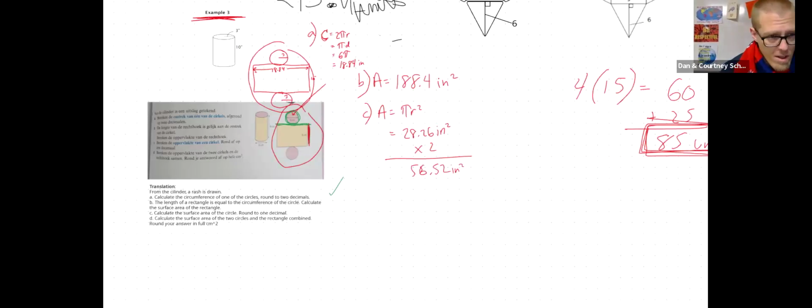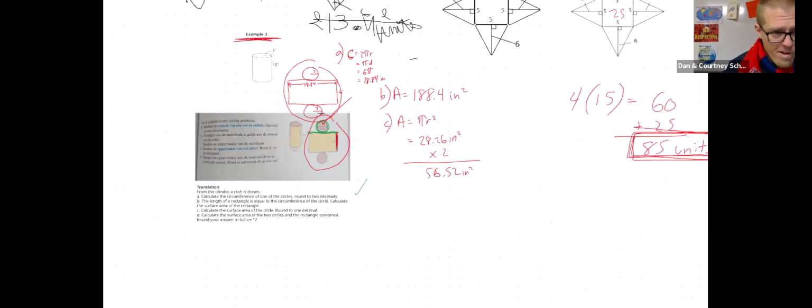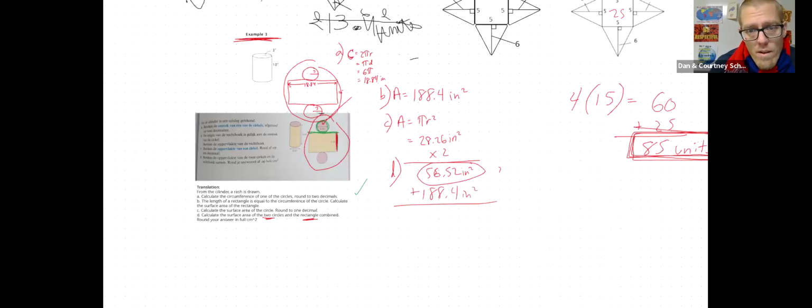Now that's basically part D. Part D is saying put all this together. So it says calculate the surface area of 2 circles and the rectangle combined. So I want the 2 circles plus the 188.4. Is that right? That's the rectangle. And one rectangle.